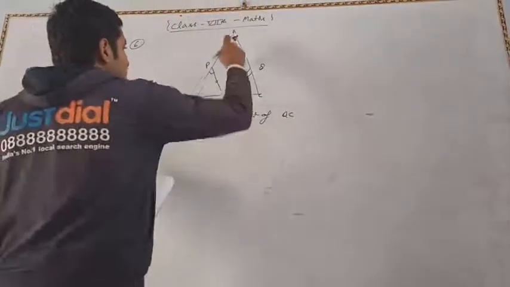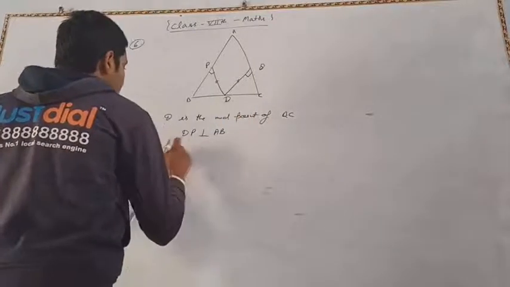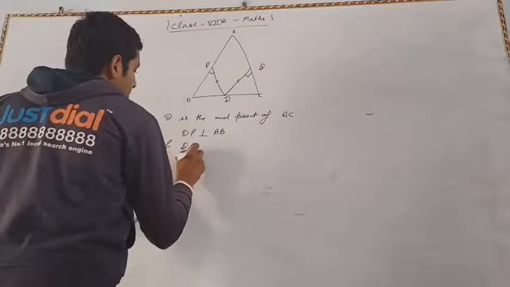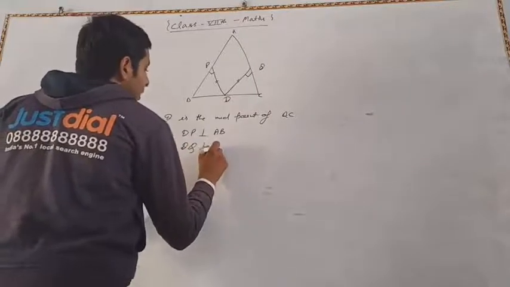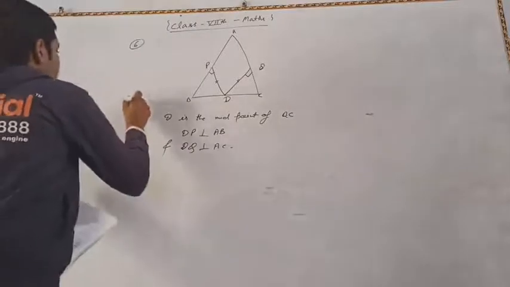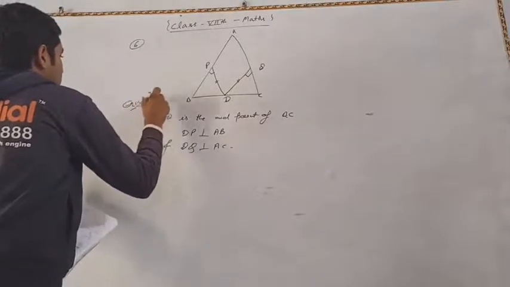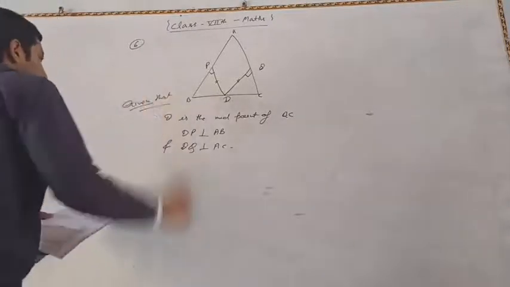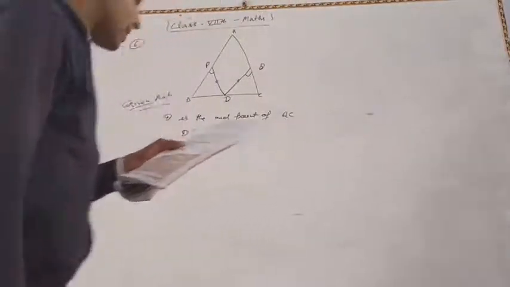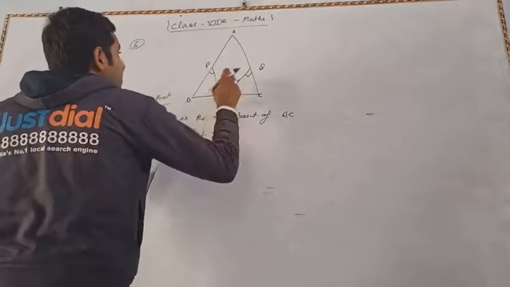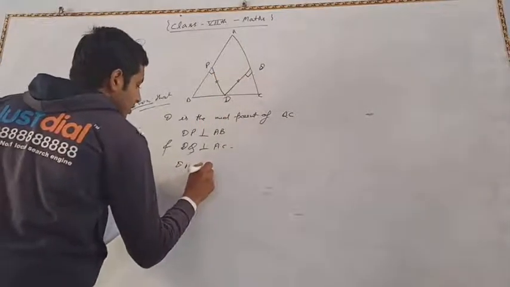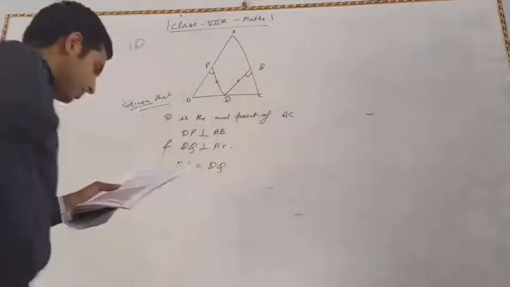All of that is given. And DP is equal to DQ.